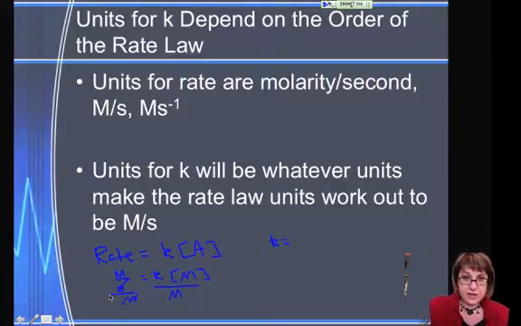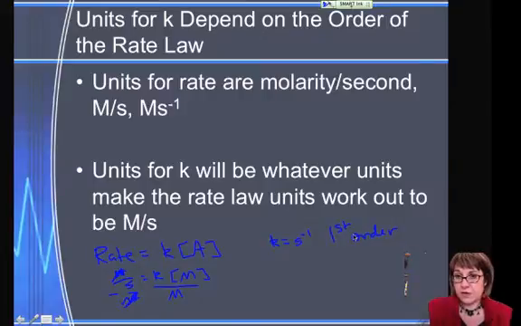And then that cancels, whoops, the M, not the S. My pen got a little carried away. So I'm left with just 1 over second because the moles per liter canceled away. So the units for K in a first order reaction is 1 over second.